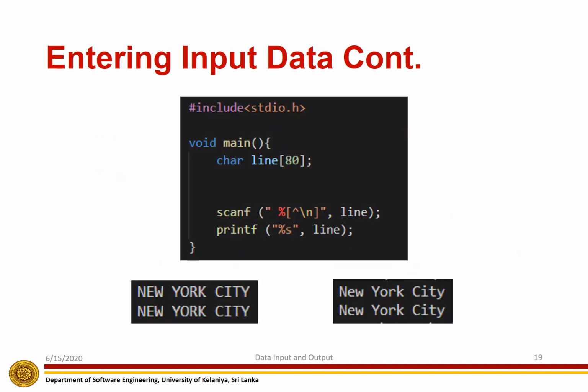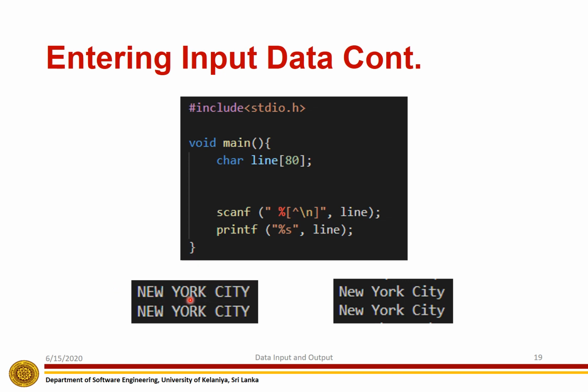Here is the same example that I have discussed earlier, but the difference is that inside the square brackets I have given a circumflex and the new line character. So until it finds the new line character, it will read. For example, as in the earlier first example, New York City with capital letters and white space characters.